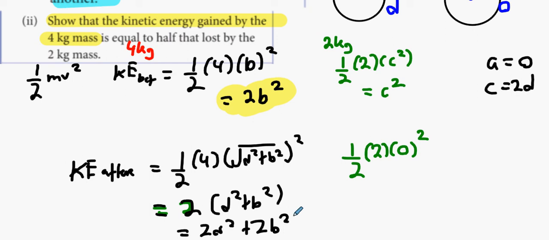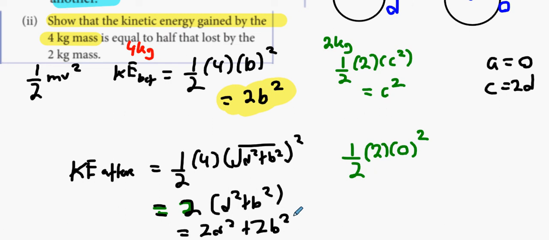Why didn't you just ignore the j components in the first place? They stay the same. The 2b squared belongs to the j components, which means you only gained 2d squared in the i direction. Okay? So it's because you weren't moving left and right before the collision, and now you are, you now have kinetic energy in the i direction as well.